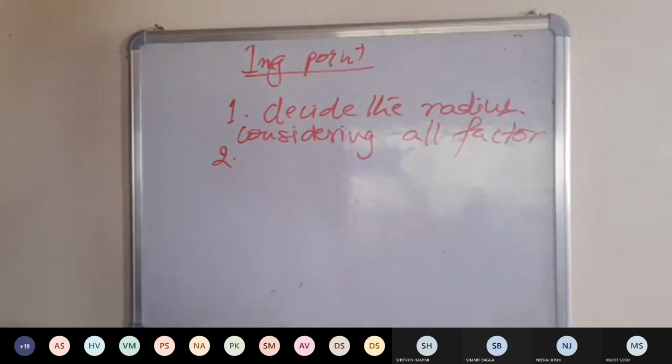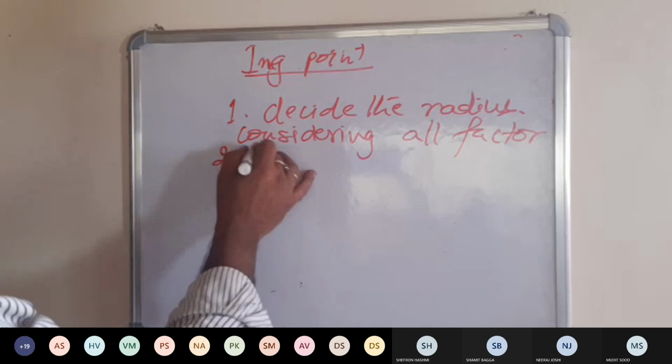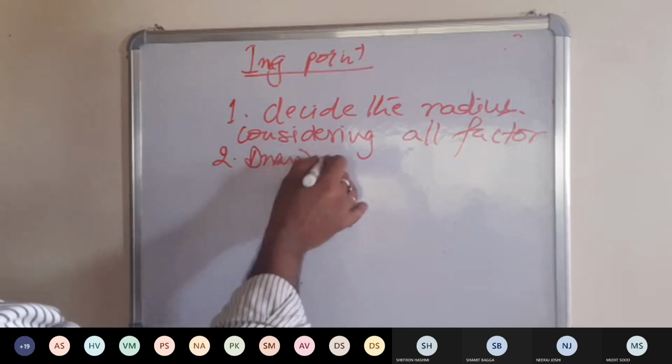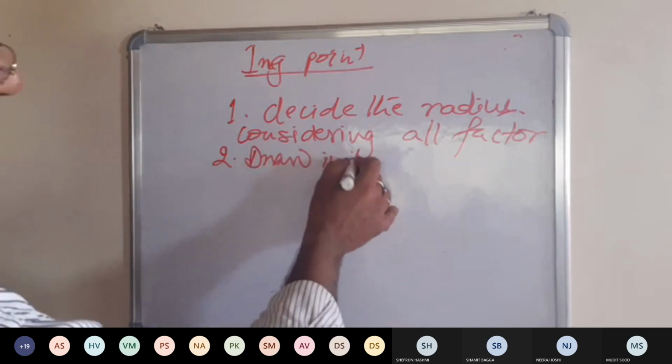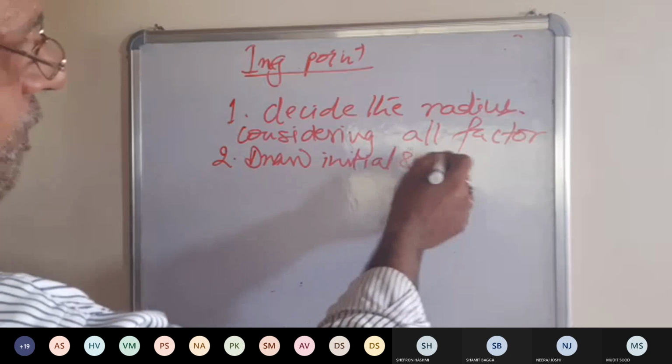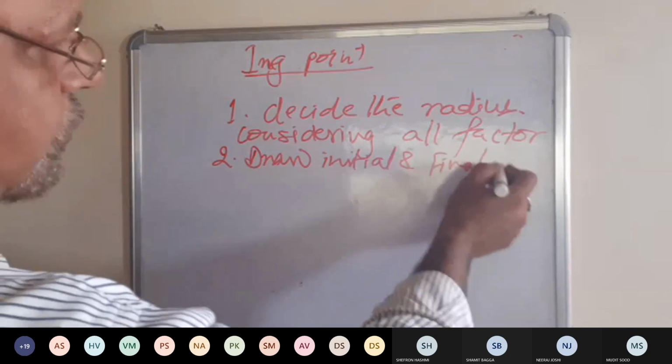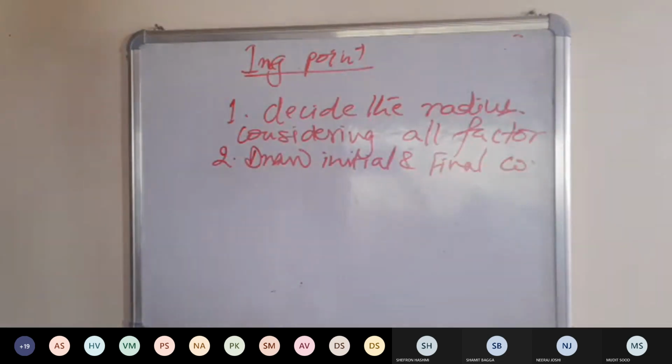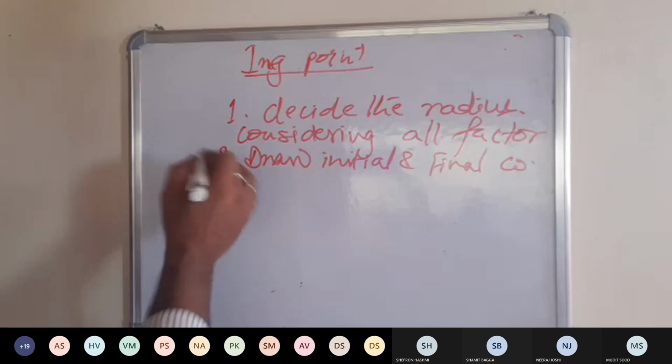Number 2, what we did? Draw initial and final course. Number 3, what we did?